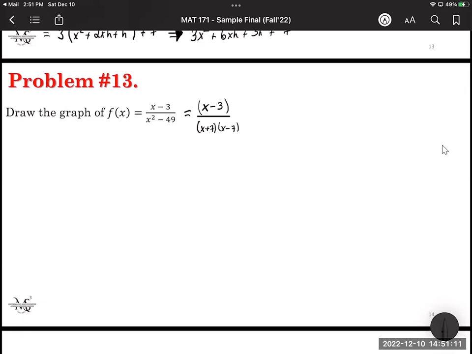No. Because there are no factors that can be canceled out, your graph will not contain any holes. Okay, so just note, no factors were canceled out.